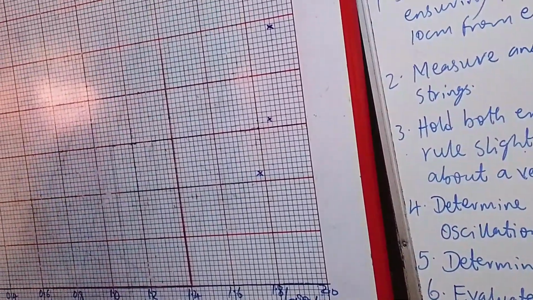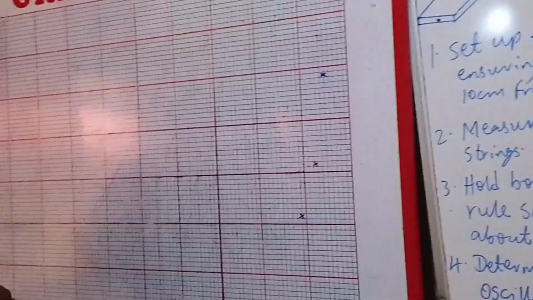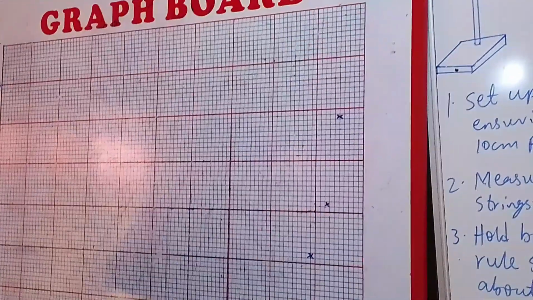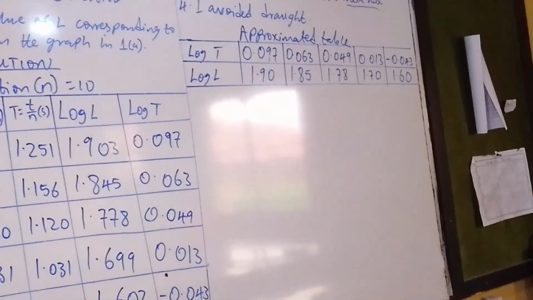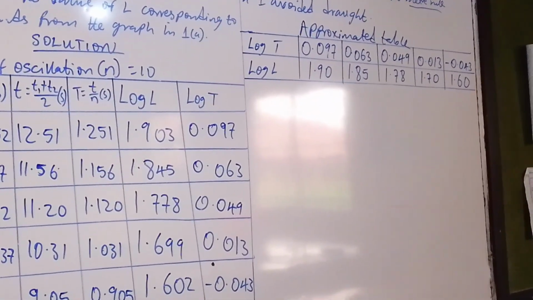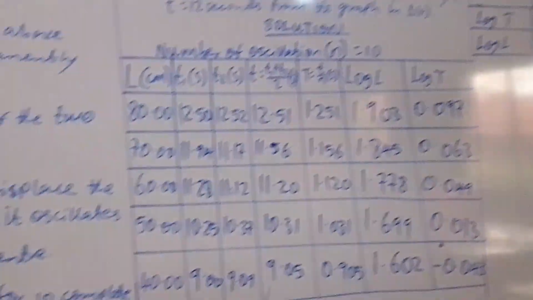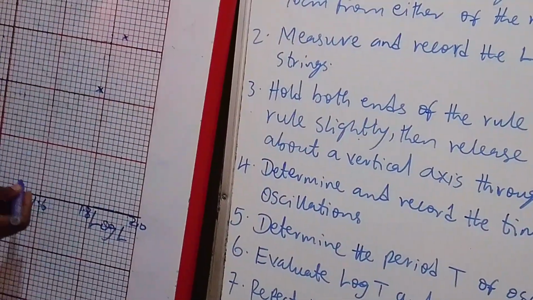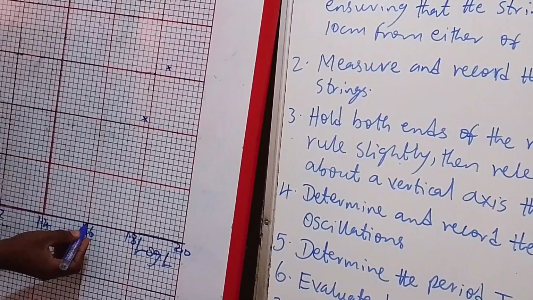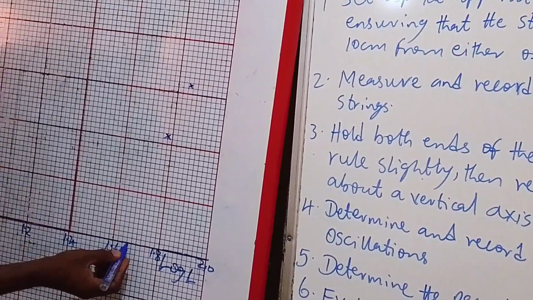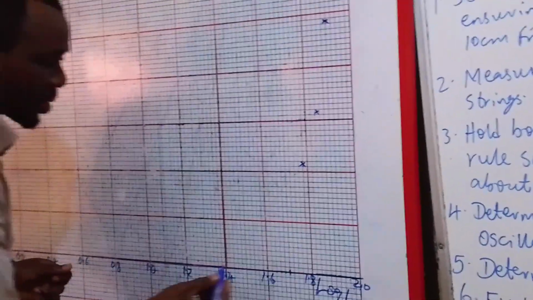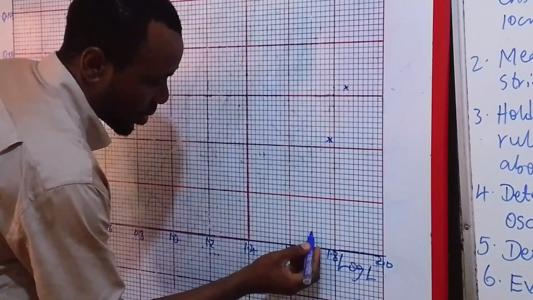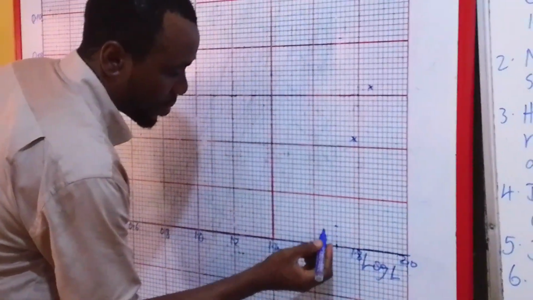Alright? So we have 0.013, is 1.7. This is 1.7: 1, 2, 3, 4, 5. And 0.013: 1, 2, 3, 4. This is 0.01.